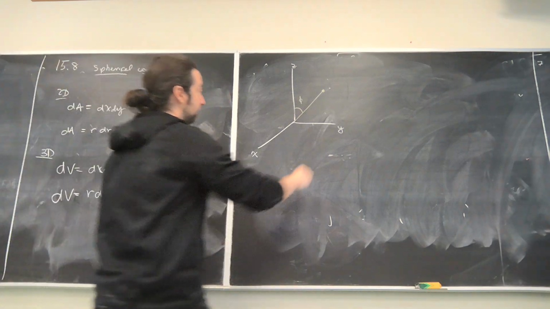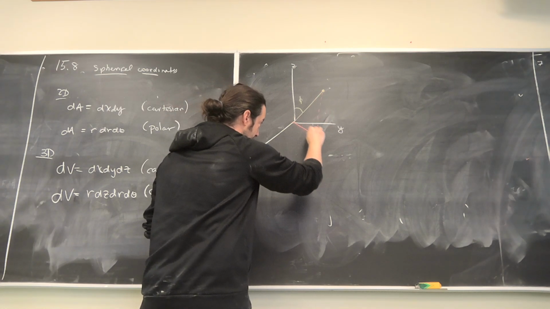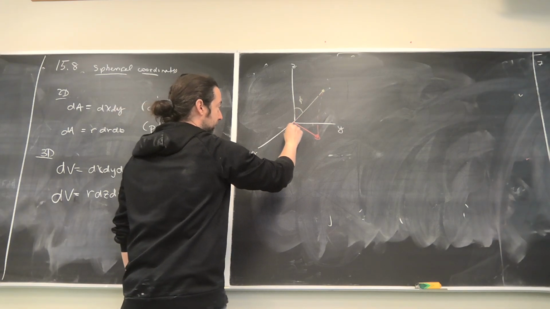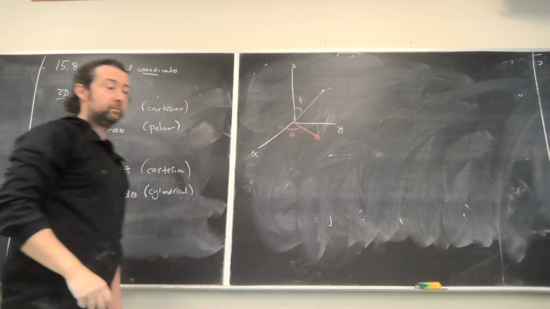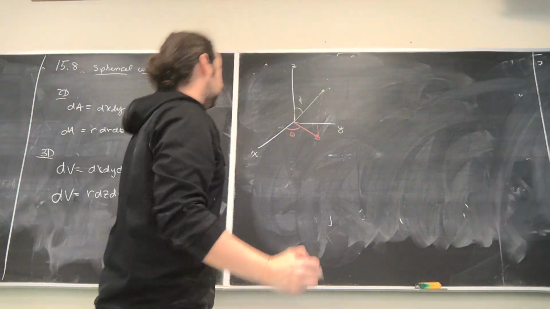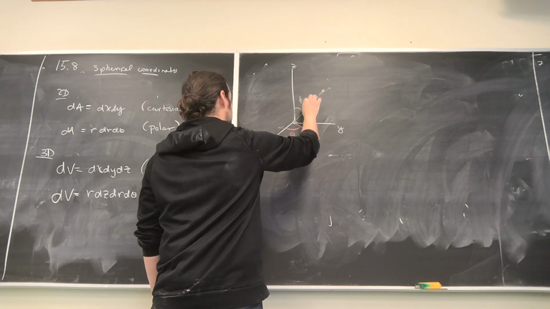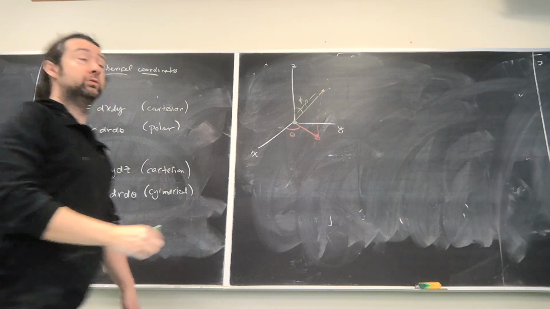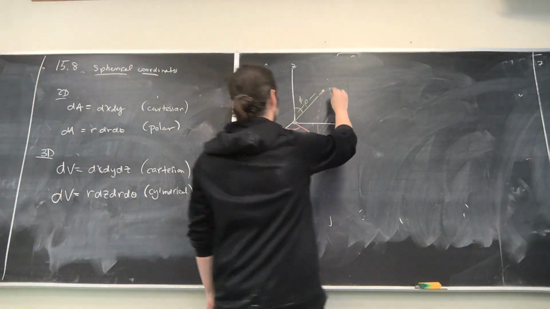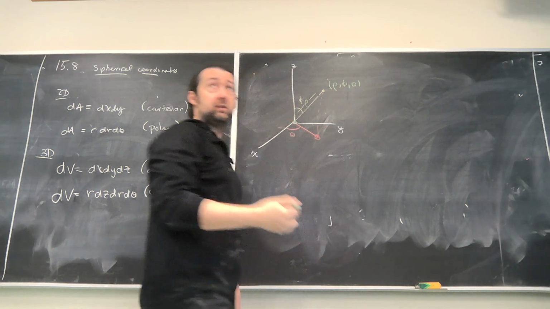If you then project that point down onto the xy plane, the angle between the positive x-axis and the projection of that line onto the xy plane is the angle theta. And then the radius is the spherical radius, so that is the distance from the origin out to the point, and that is given by this symbol rho. So a point in spherical coordinates is given by a rho, a phi, and a theta. One distance and two angles.